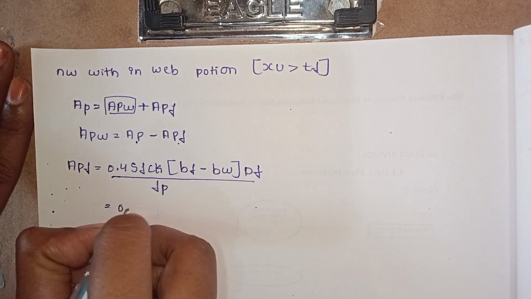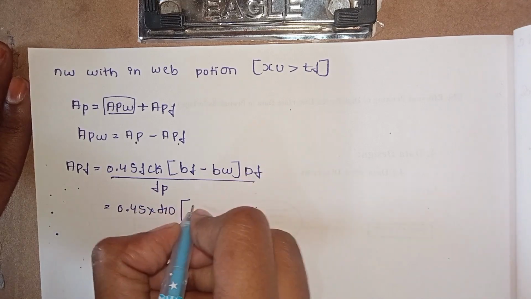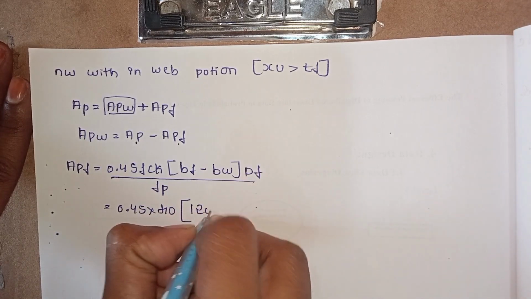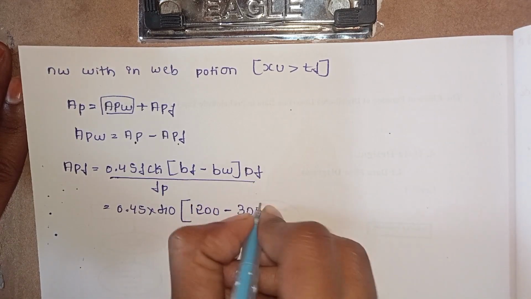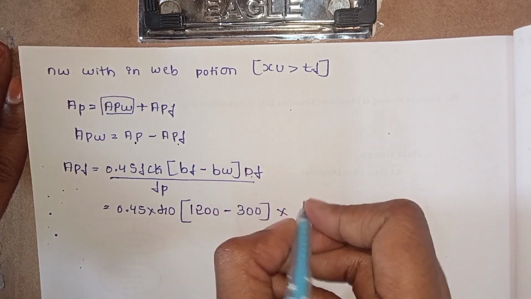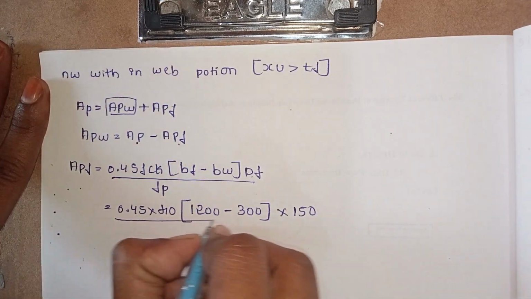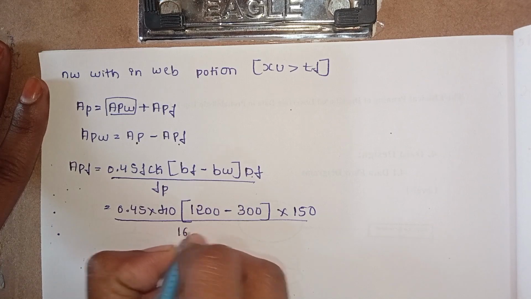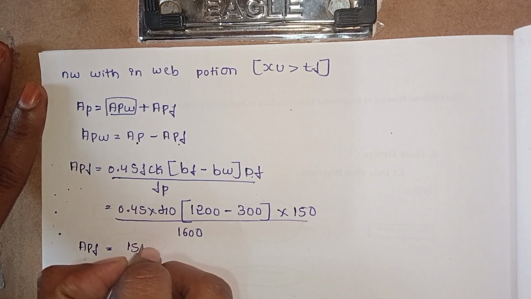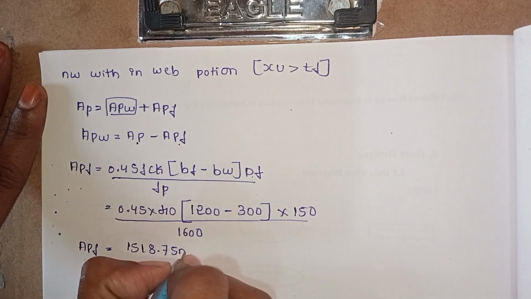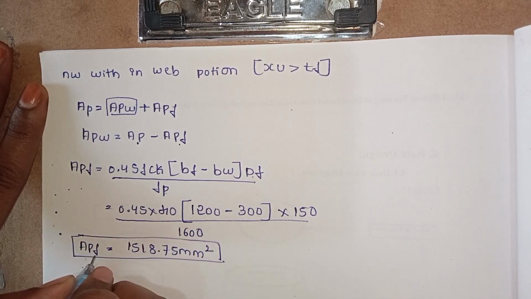So 0.45 into FCK value 40, open bracket, BF value given in the question, width of the flange 1200, and width of the web 300 mm, close bracket, into DF, means 150, divided by FP given in the question, 1600. Now we got APF value as 1518.75 mm square.